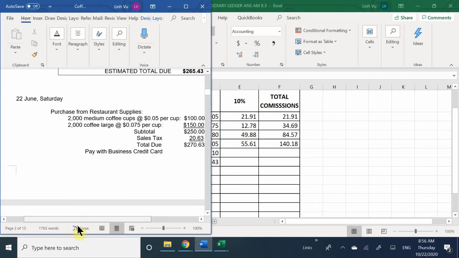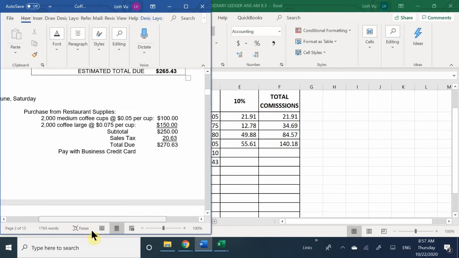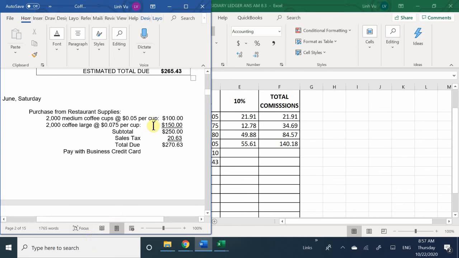All right, so here, still on June 22nd, what has happened here? Purchase from Restaurant Supplies: medium coffee cups and large coffee cups, with sales tax, total of 270.63, paid by traditional credit card.